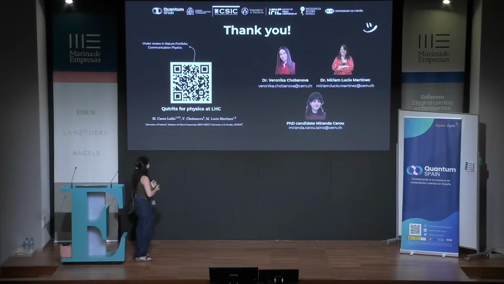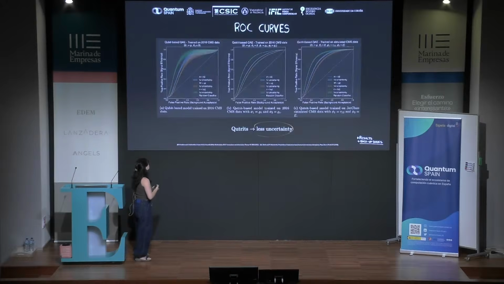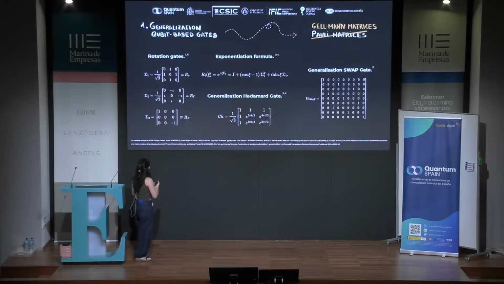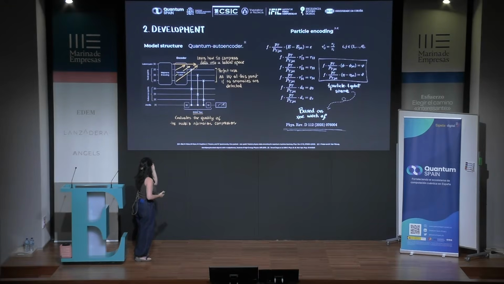Yeah, of course. I didn't have enough time to explain this. As I said, we were limited to only 8 qubits. So we use 4 qubits to encode the information of the particles. In a quantum autoencoder, we declare, in our case, 3 qubits as trash qubits and 1 qubit in the encoding as latent qubit. The goal of this model is to move the information from the trash qubits to the latent qubit.